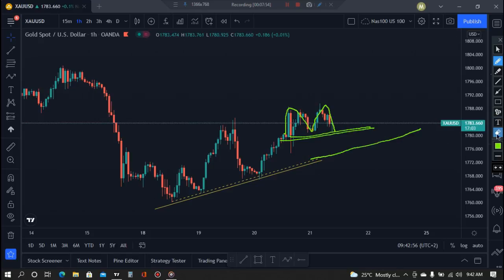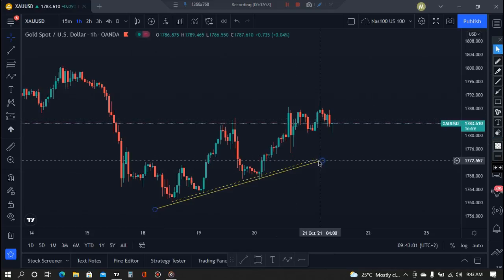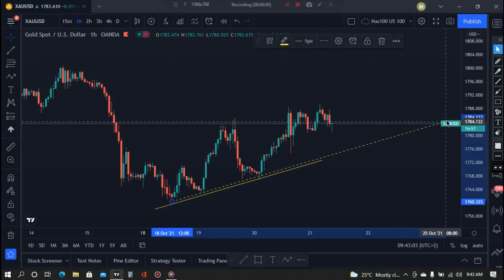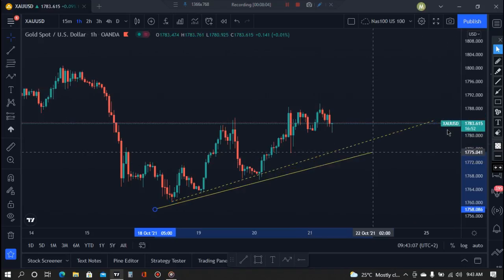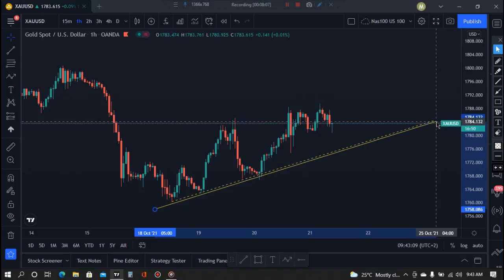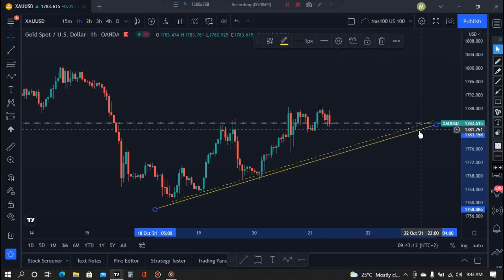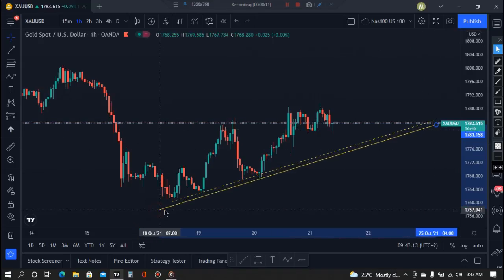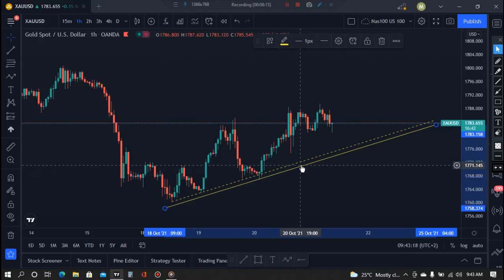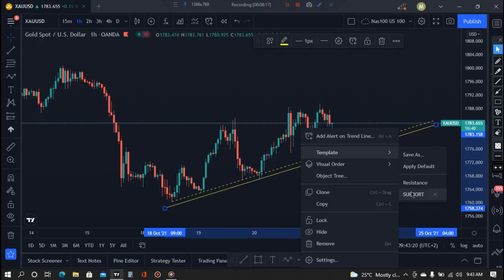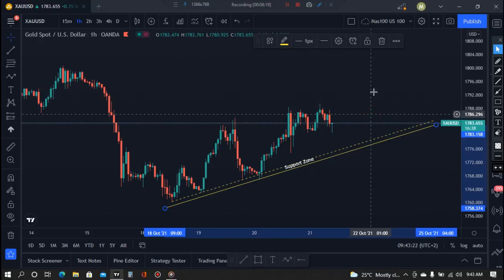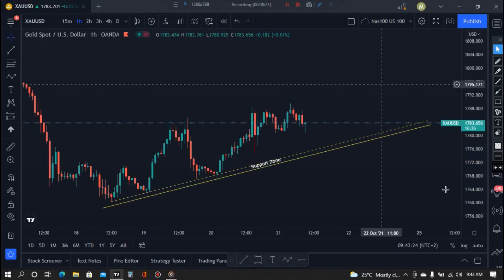Let me just increase that, it should be longer. Something like this. So when it's like this, guys, we are able to see clearly the support. We can see clearly that the market is actually on our support area.